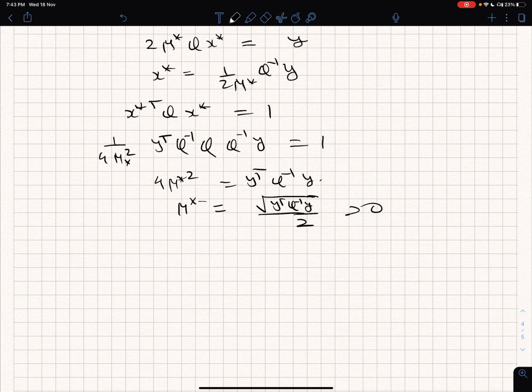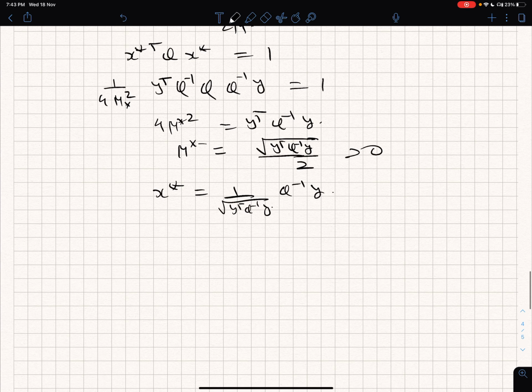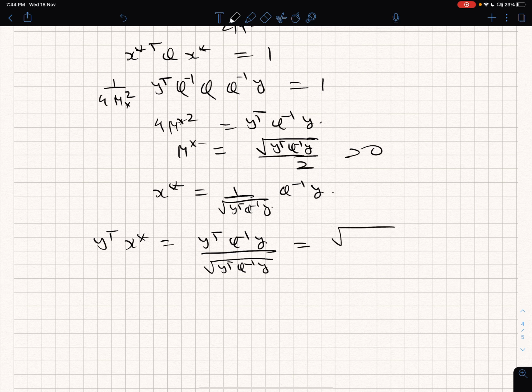Then the x star becomes 1 by under root of y transpose q inverse of y into q inverse of y, and hence y transpose x star, the objective function value at x star, becomes y transpose q inverse of y divided by under root of y transpose q inverse of y, which is square root of y transpose q inverse of y.